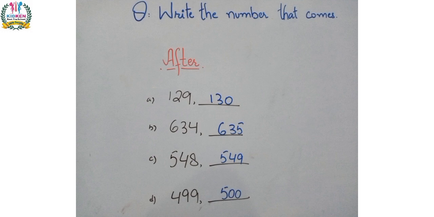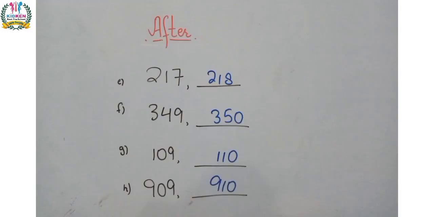We start counting after 217, so we have 218. Simply we write 218. Next part is 349. We add 1 to 349, so we have the final solution 350.